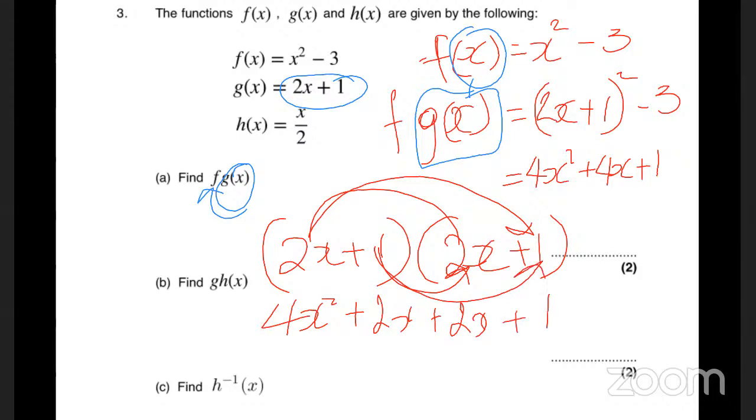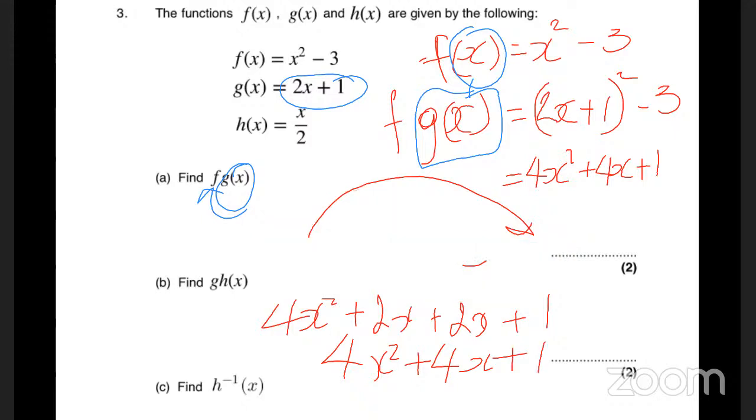And that would have simplified to be 4x squared plus 4x plus 1. Same thing that we got up there, okay?